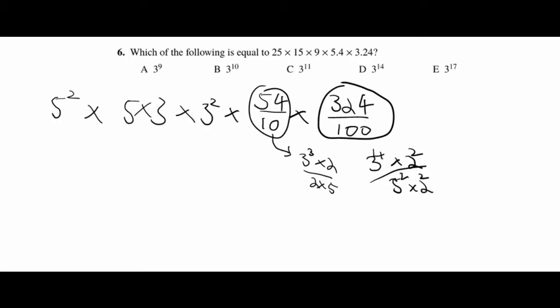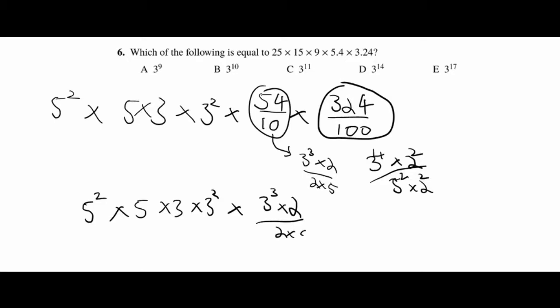So if we now tidy all this up, we get that the product is equal to 5 squared times 5 times 3 squared times 3 cubed times 2 over 2 times 5 times 3 to the power of 4 times 2 squared divided by 5 squared times 2 squared.